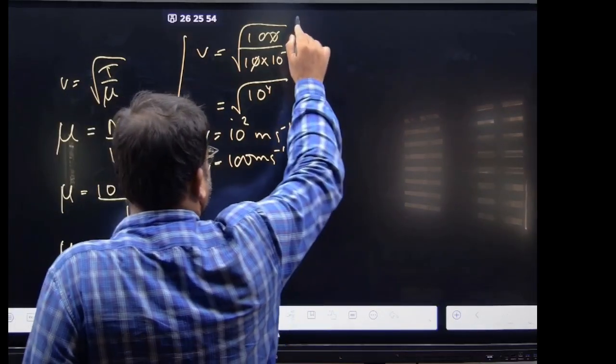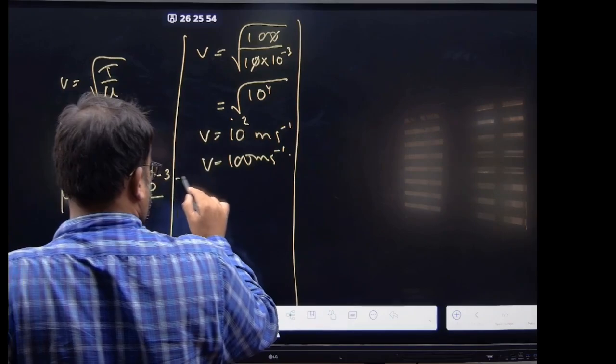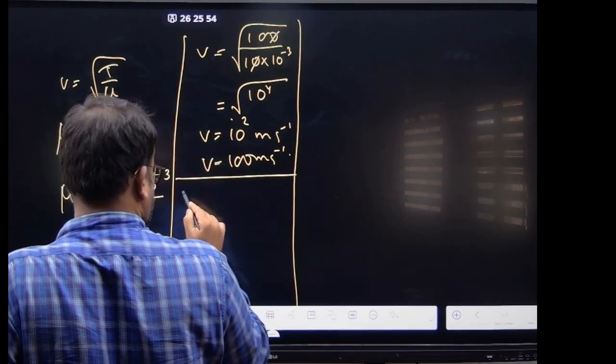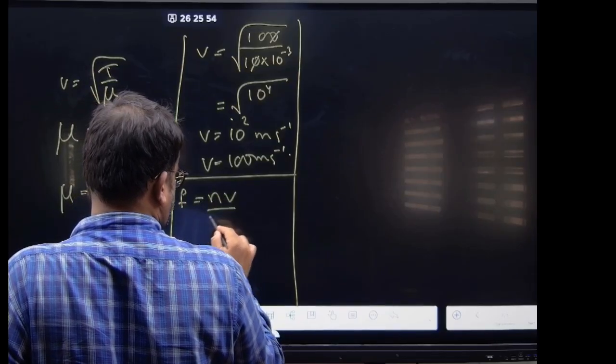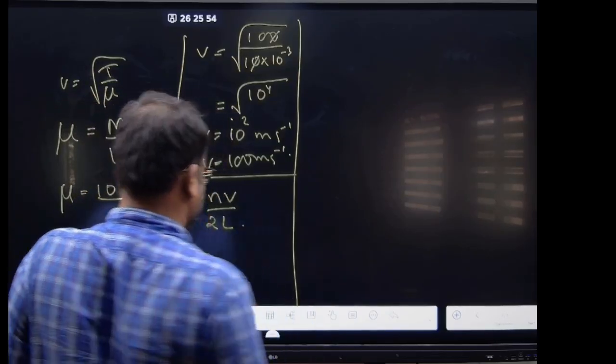So remember, we have been given f equal to nv divided by 2L.